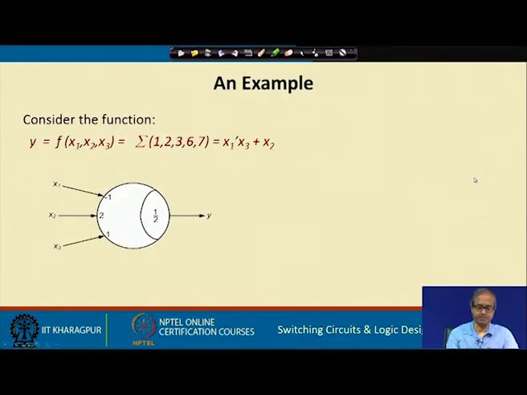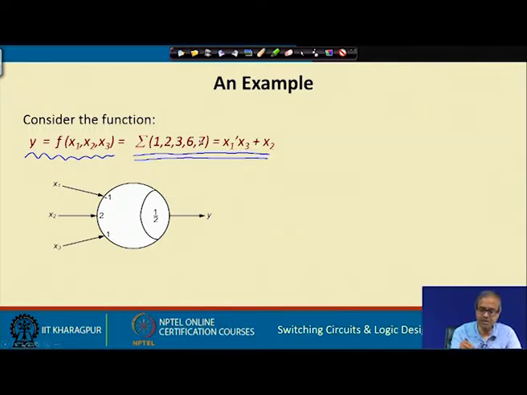Let us take an example. Here we consider a 4 variable function. Let us look from the other side. Let us say that we want to implement a function like this. It is a sum of product specification where the true minterms are 1, 2, 3, 6 and 7.